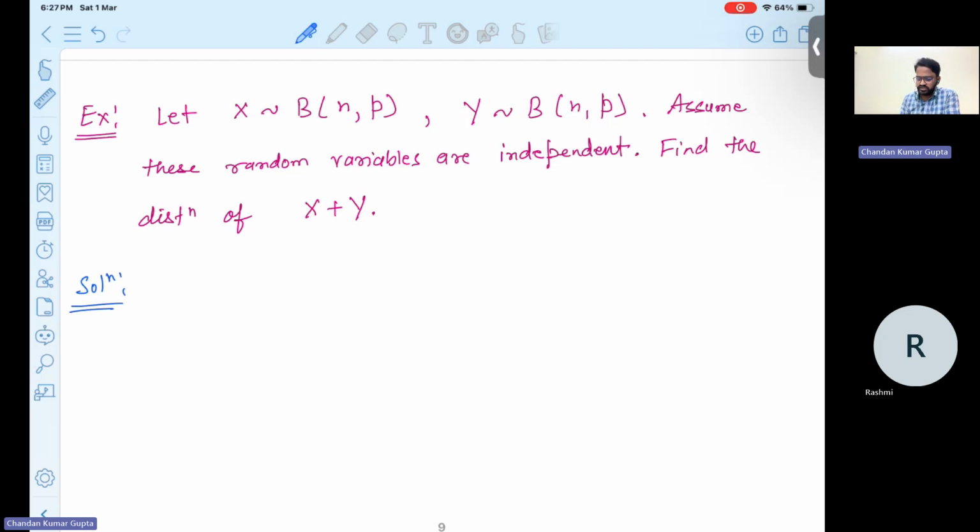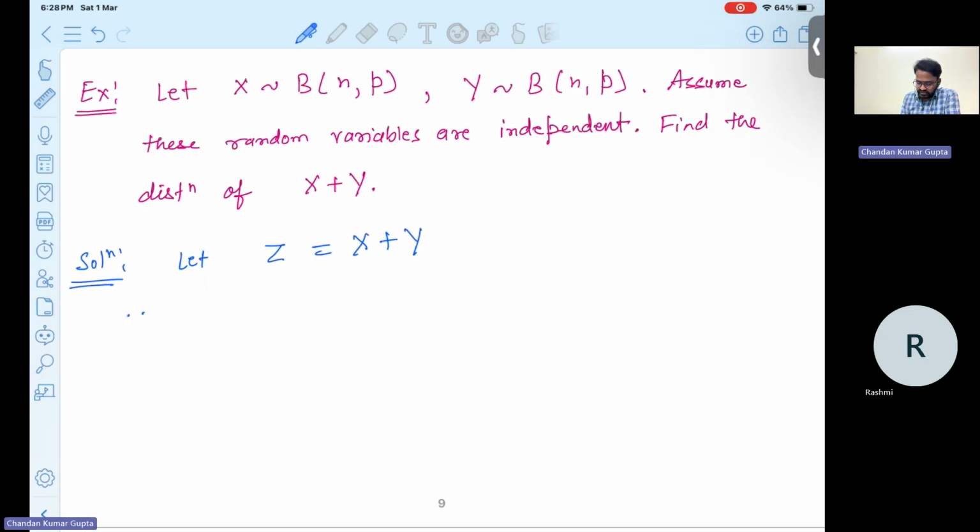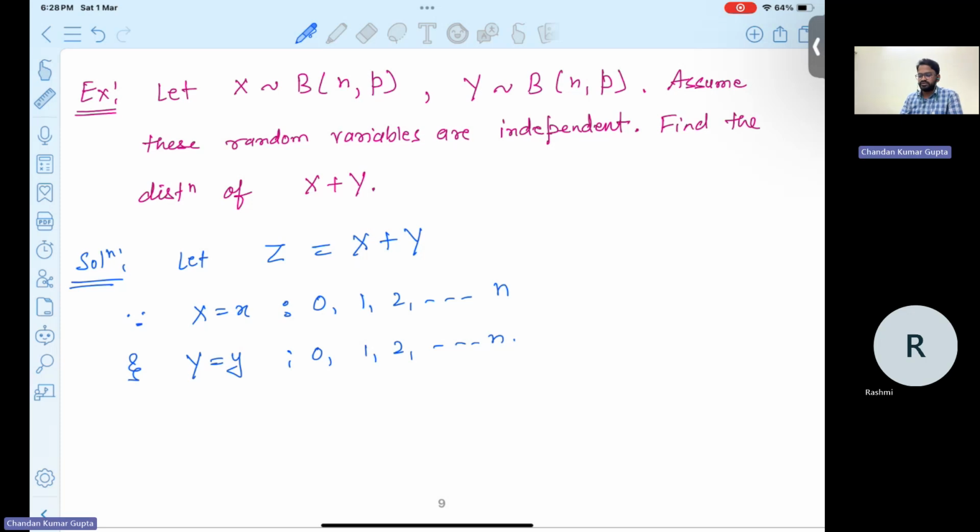Okay, so for example, let us consider a random variable Z, which is the summation of the X plus Y random variables. Since X follows binomial and Y follows binomial, the range of X is what? 0, 1, 2 up to n. And similarly, the possible values of Y are also 0, 1, 2 up to n.